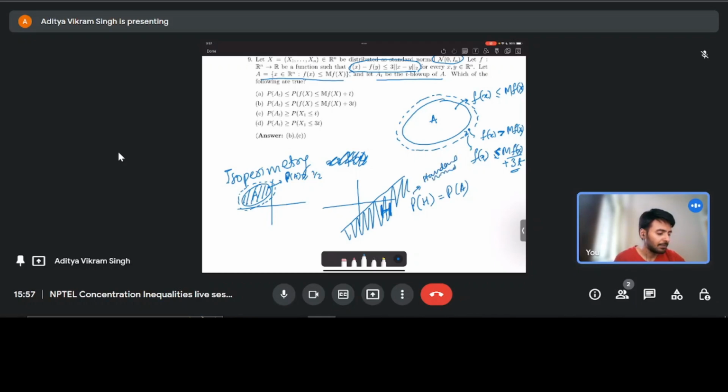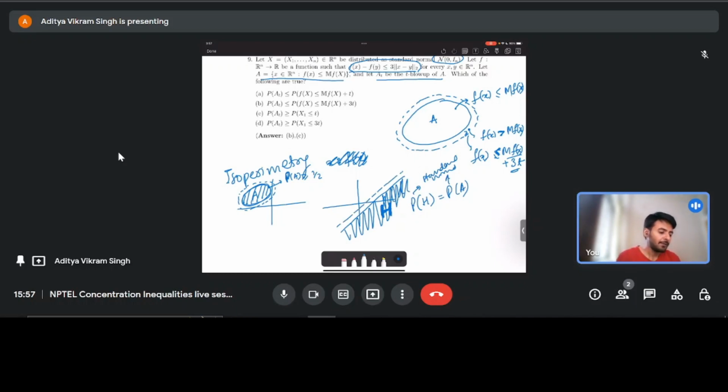We had this set A, and we want to argue about the T blow up of A. Instead, we take this half space, which has the same probability as A, and consider a T blow up of that.